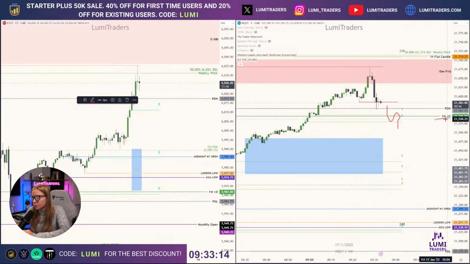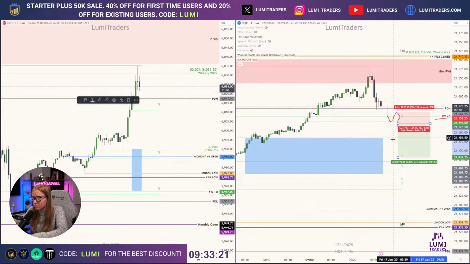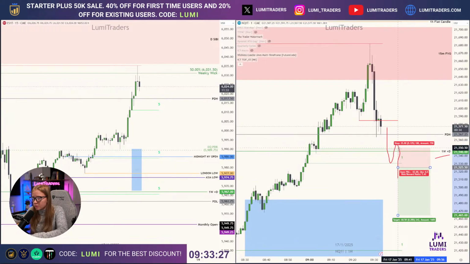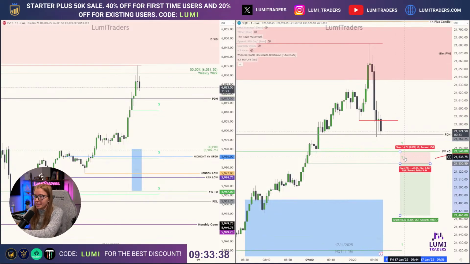Maybe below this weekly distribution level, we may try to look for a move lower. It's like 60 points. I don't know. Let's see. I don't know yet.